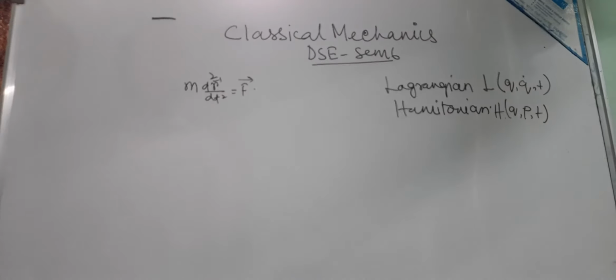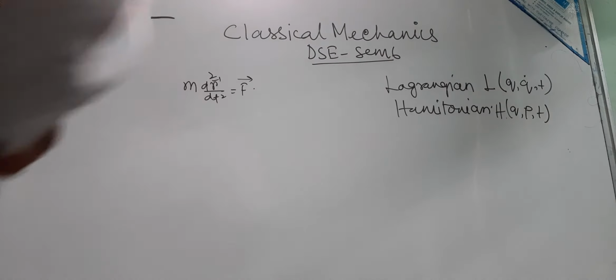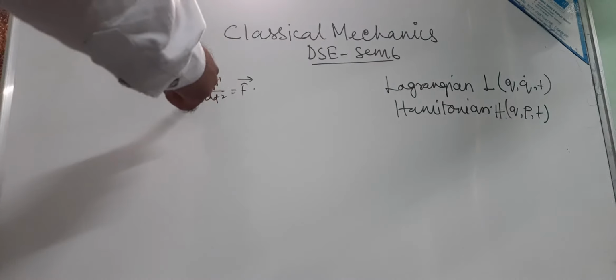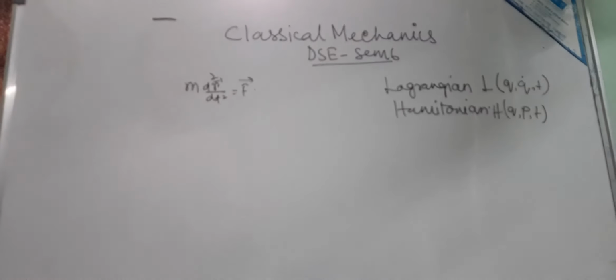Basically we start from Newton's law of motion, then we go on deriving Lagrangian and Hamiltonian. Here we use vector quantities, which deal with magnitude and direction both. But in the Lagrangian and the Hamiltonian, we do not use vector quantities.